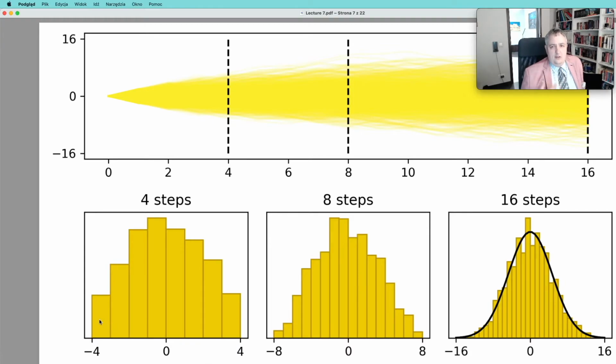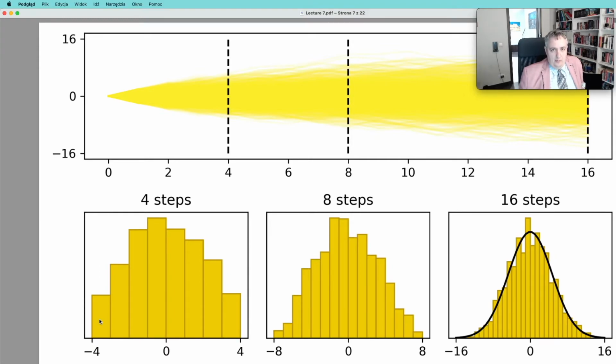After some number of steps, we get the sum of identically distributed steps, because the position will be a sum of steps with positive or negative direction.